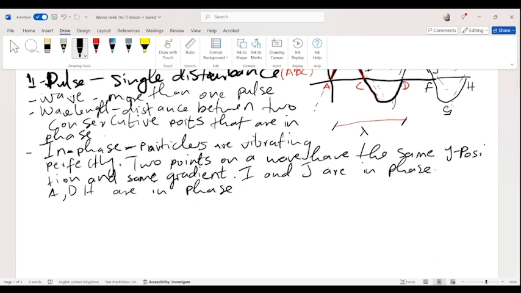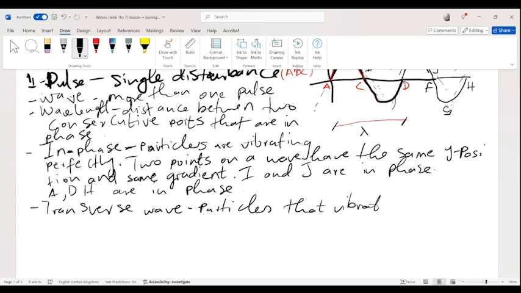A transverse wave has particles that vibrate at 90 degrees to the wave direction.